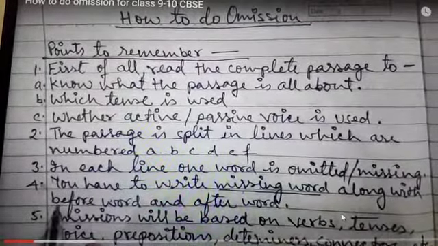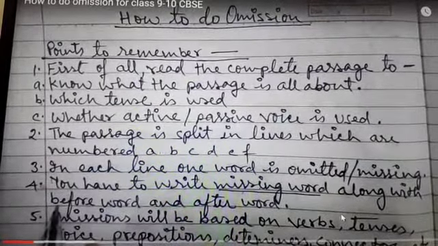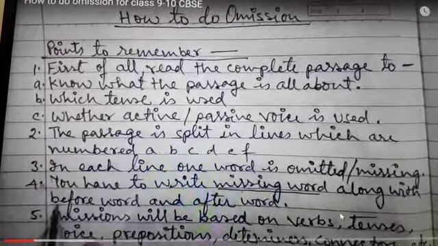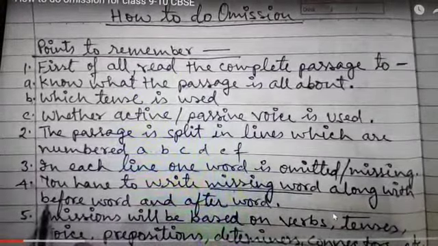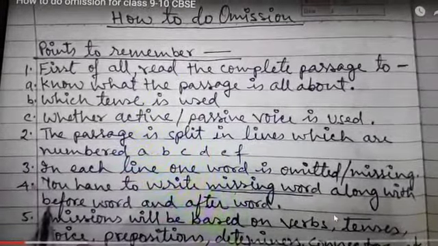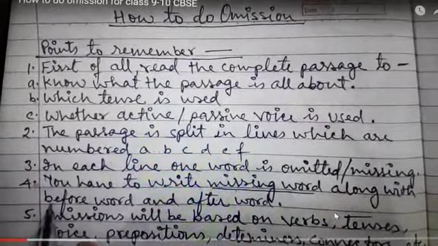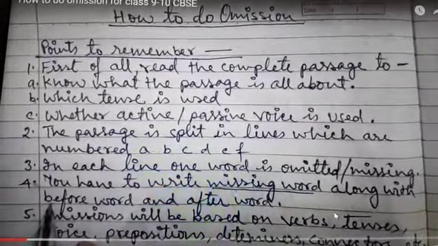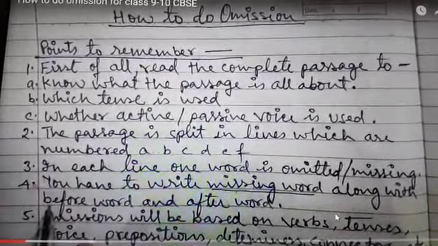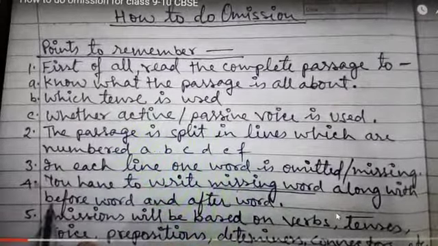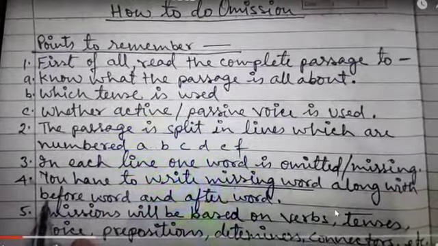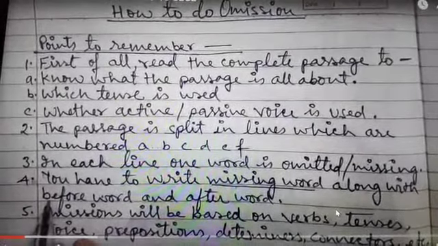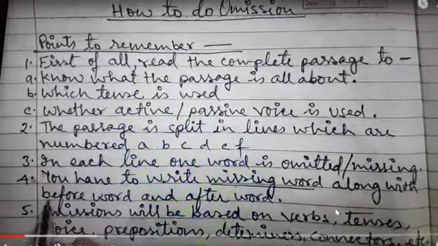As we know, the very first thing while doing any reading task is that we must read the passage carefully to find out what the passage is all about, who is being talked about, and what the main theme presented in the passage is. The second is which tense is used.